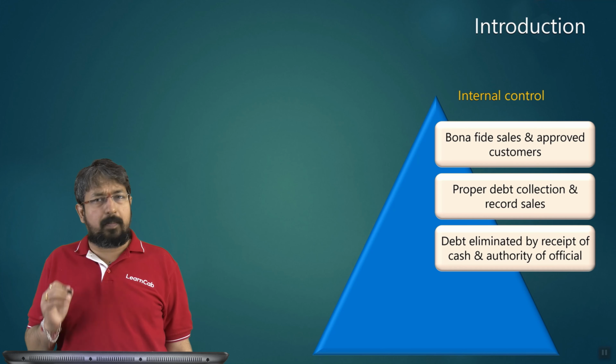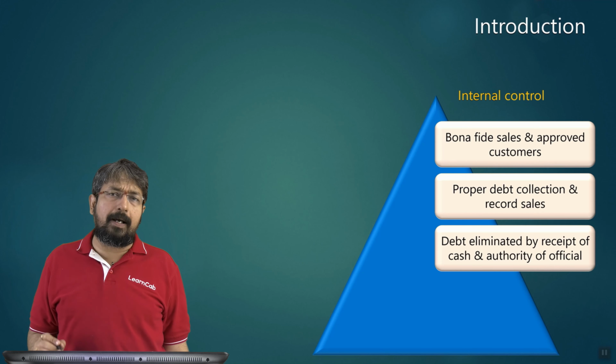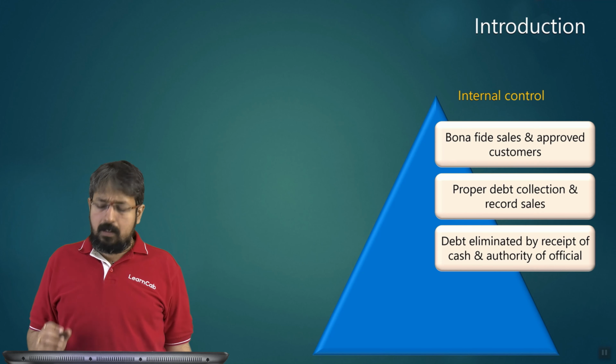Either the customer has to pay the money, or, my dear soldiers, it should be written off based on the proper authority of an official. So that is another important thing that has to be understood.